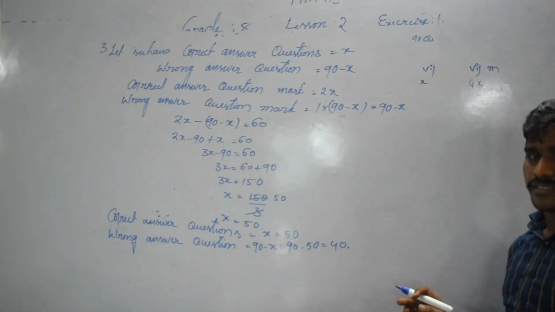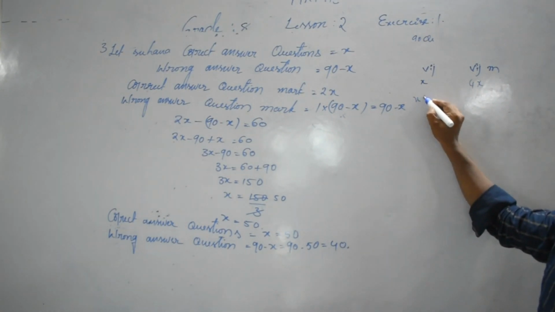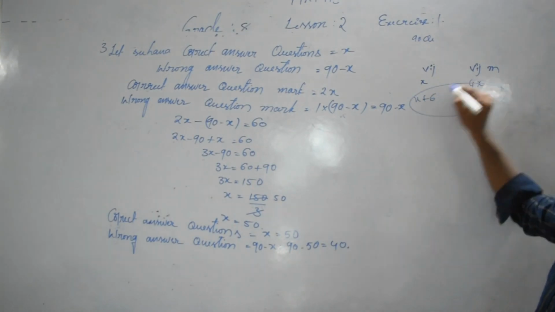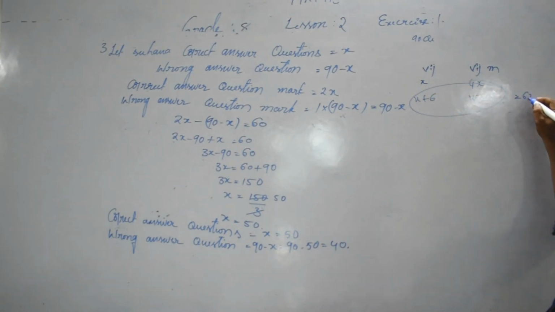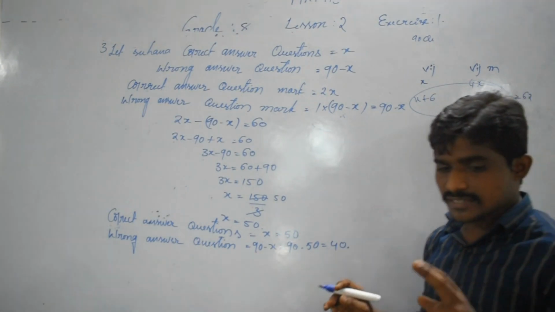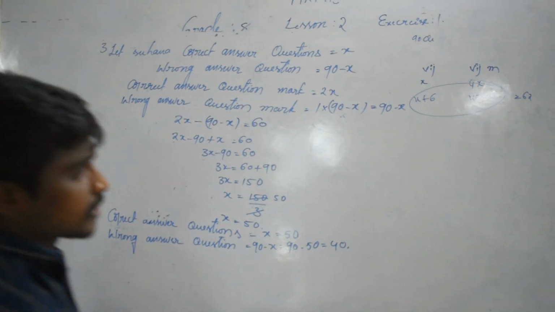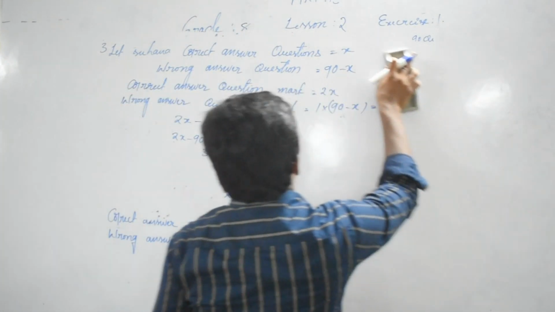After 6 years, x plus 6 and 4x plus 6. These both ages are equal to 62 years. What are their present ages?